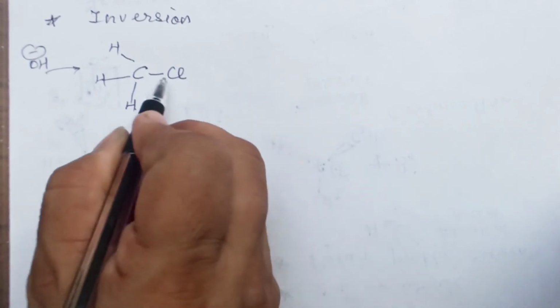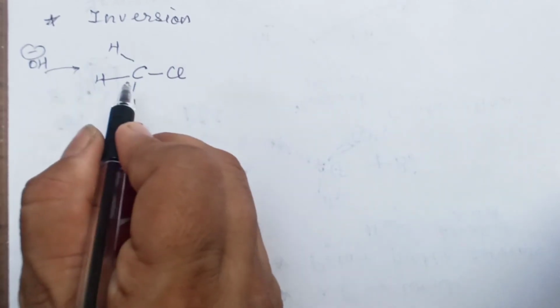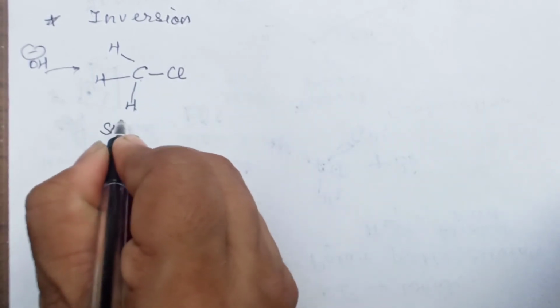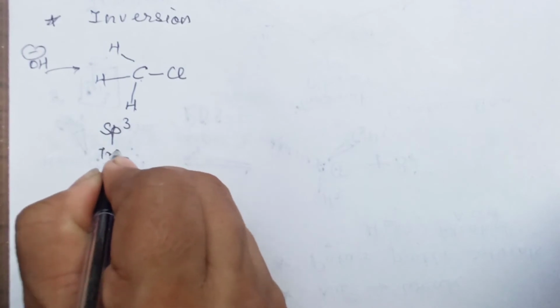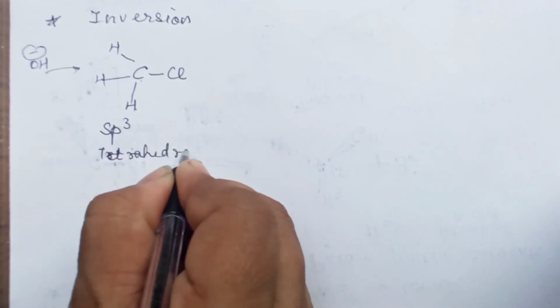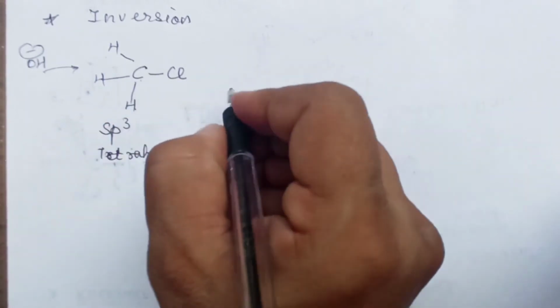From this side it cannot come because there is halogen. As such, this carbon atom is sp3 hybridized. You have a tetrahedral arrangement of the 4 atoms present around the carbon atom.